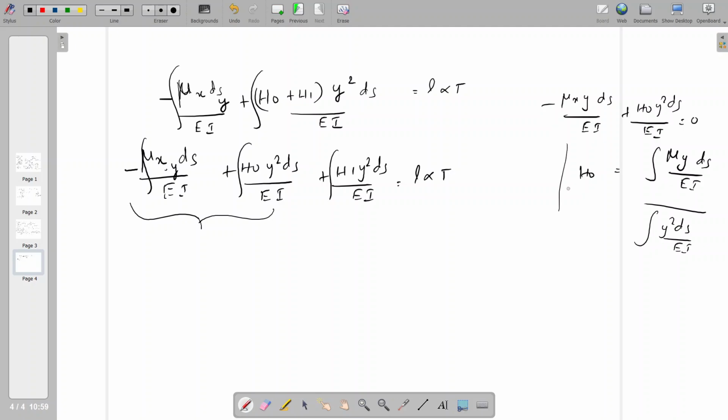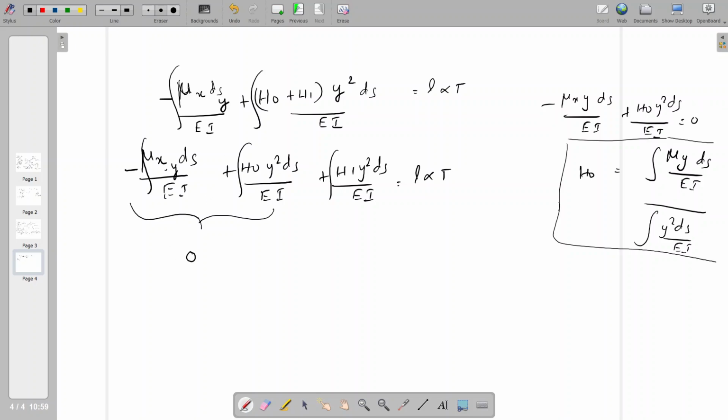This is the actual formula for calculating the horizontal thrust in two hinged arches, and it is zero because of zero displacement at the support level without considering the temperature stress.